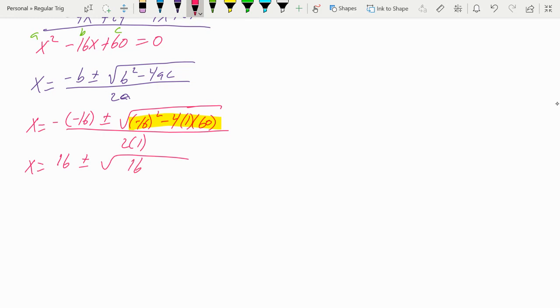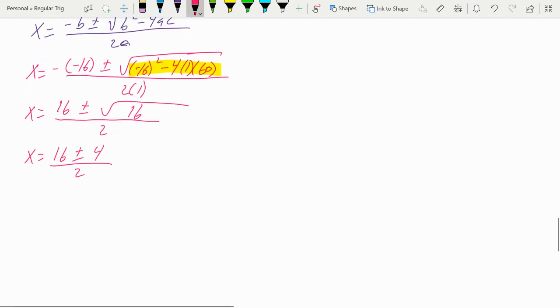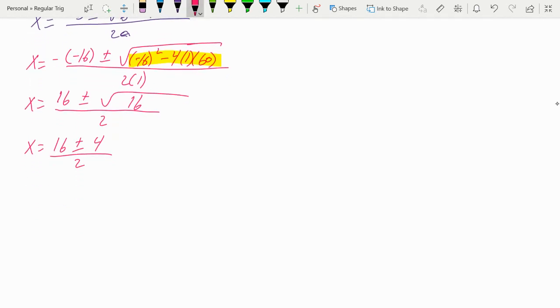We end up with 16 over 2. So I have 16 plus or minus the square root of 16 is 4 over 2. Again, here's where I have my two answers. x is equal to 16 plus 4 over 2, and x is equal to 16 minus 4 over 2.